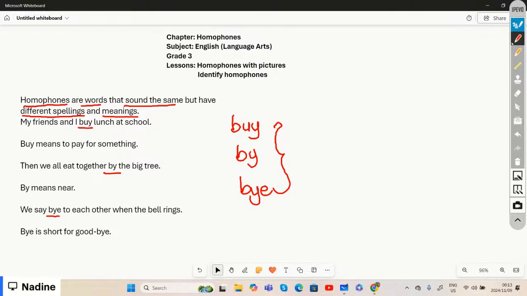And that's homophones. It's words that sound the same, but they have different spellings and meanings. So there are quite a few words where the words sound the same, but the spelling and the meaning of the words are different. And we are going to look at those.